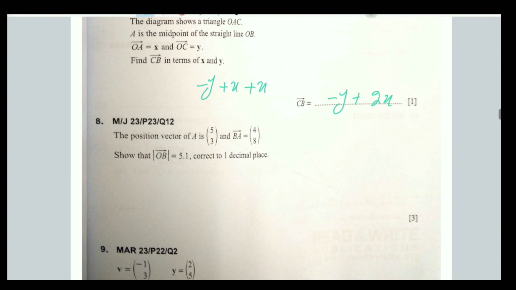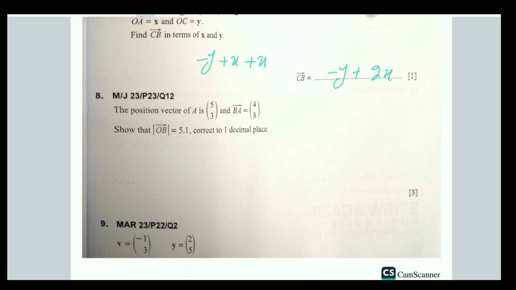So how will we solve it? First of all, we have to find OB. We don't know OB, so BA is equal to OA minus OB.